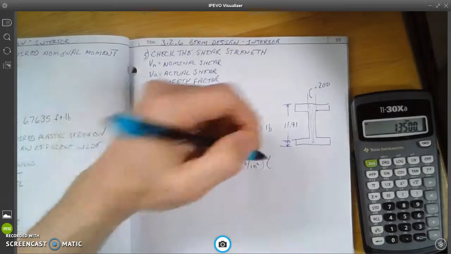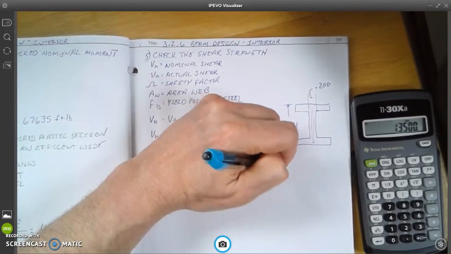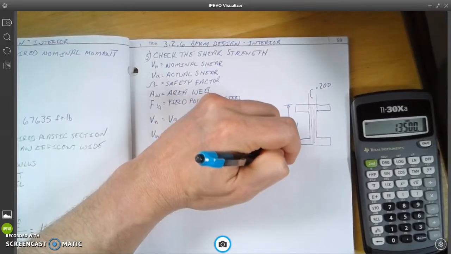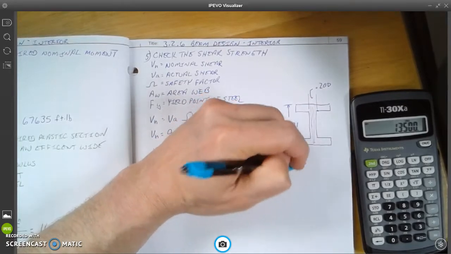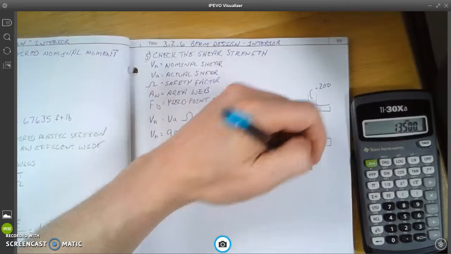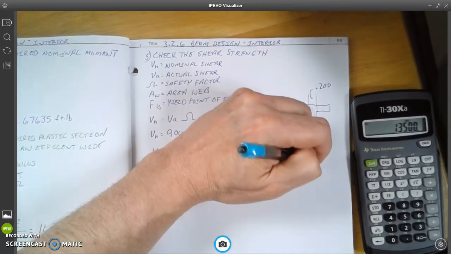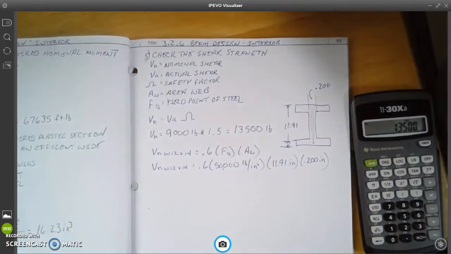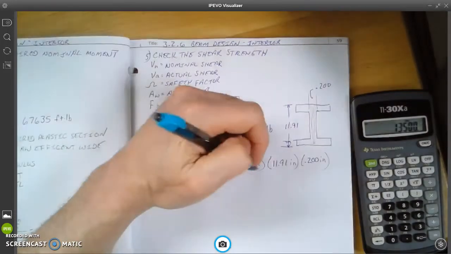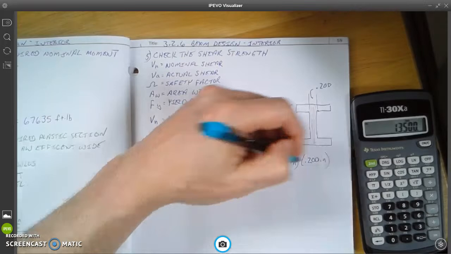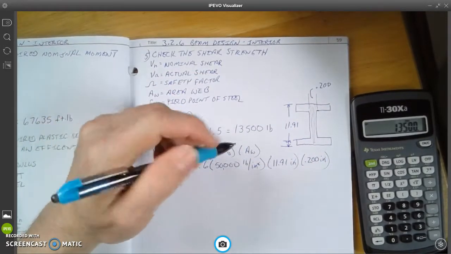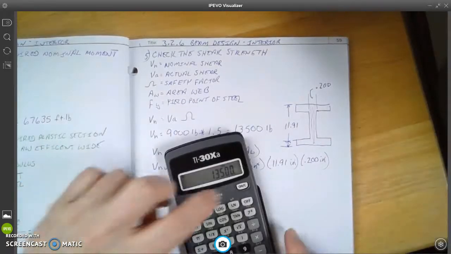So I'm going to put in 11.91, and that is inches, and times the 0.200, and that also is inches, and I'm going to close that. Those two inches are going to cancel out, and I'm going to end up just with pounds.